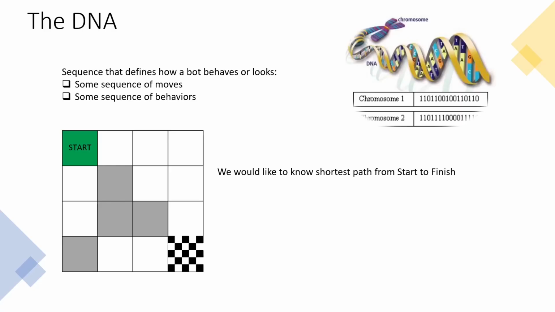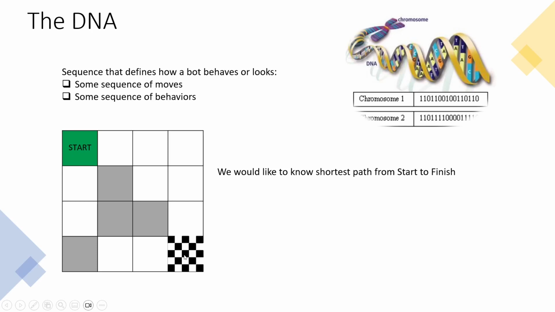Okay, so let's work on some terminology. We have the DNA. That's the sequence that defines how a bot behaves or looks. Now let's work on an example where we would like to have a bot go from here to here.